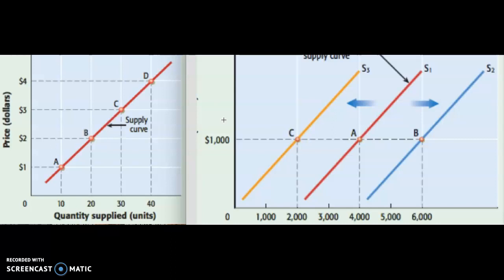Now, from a seller's perspective, it's the same thing. So pretend you're a seller, and you think that the price of something is going to be different in the future. Let's say $1,000 is the price of a TV. If I'm selling TVs and I know the future price is going to be higher, here's what I'm going to do.